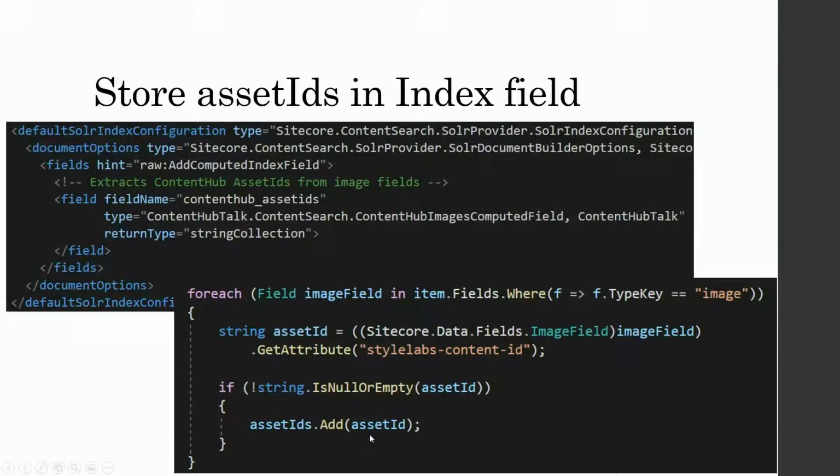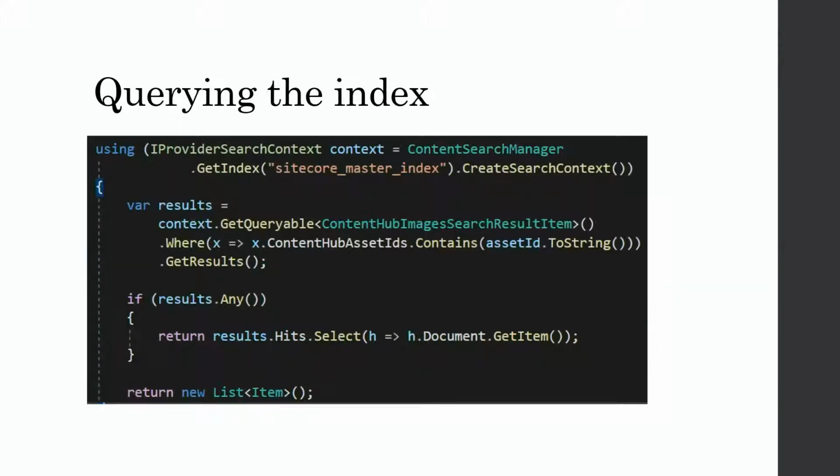An item can have multiple image fields, so we're going to ideally have a list of assets that this item is referencing. Once we have it nicely stored in an index, we can do queries on it. This is just a basic query on the Sitecore master index, where we can say this Content Hub asset IDs contains the ID that I'm searching for, and it should just return all Sitecore items that have a reference.